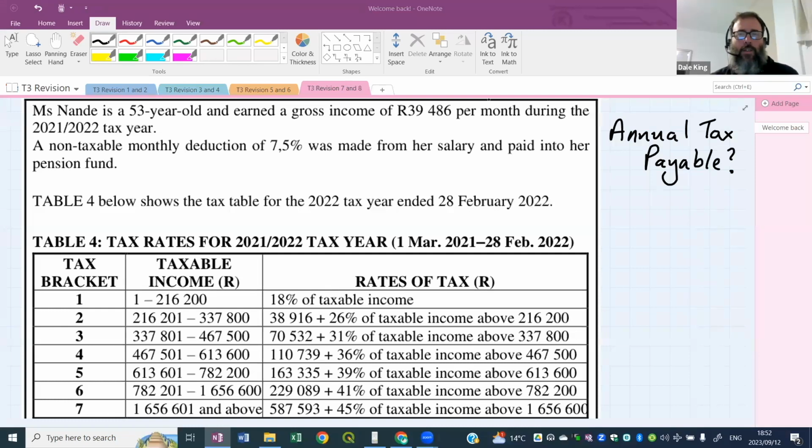Okay, I will. For those trying this question, what is the annual tax payable for Nande? Just take a screenshot of this, and carry on working. I'm going to move down to that question to quickly re-explain it.